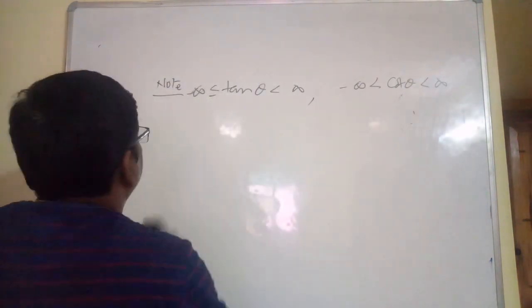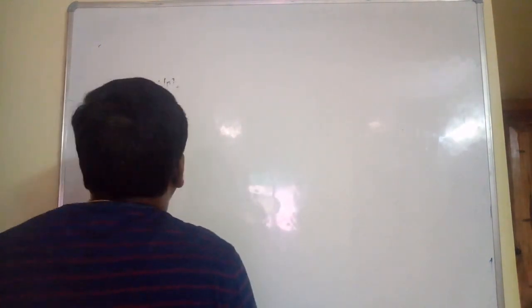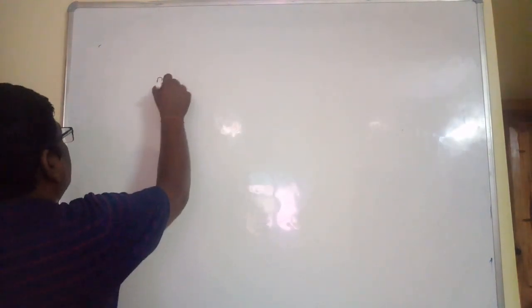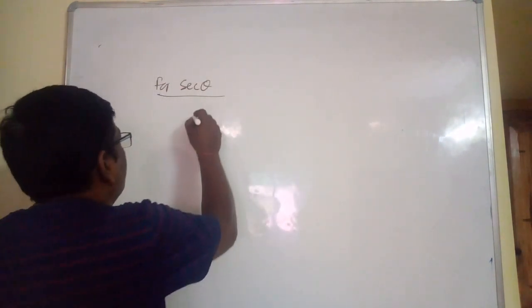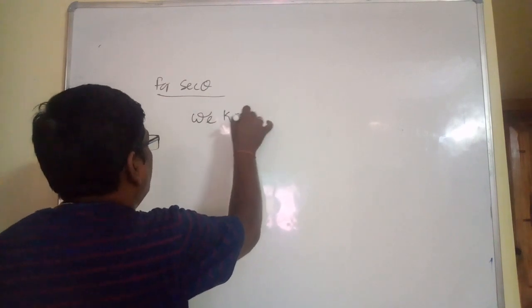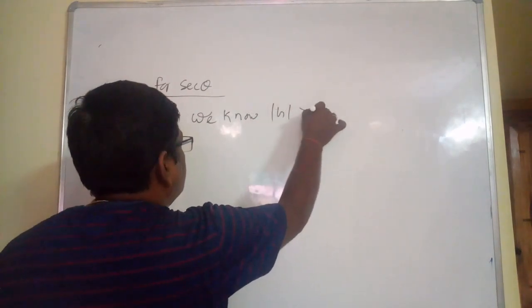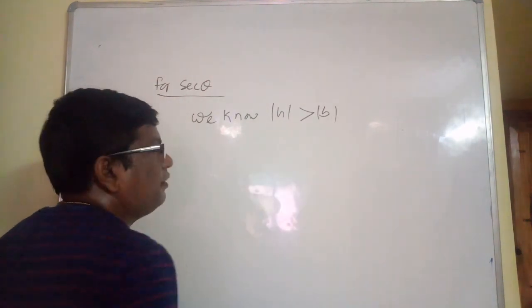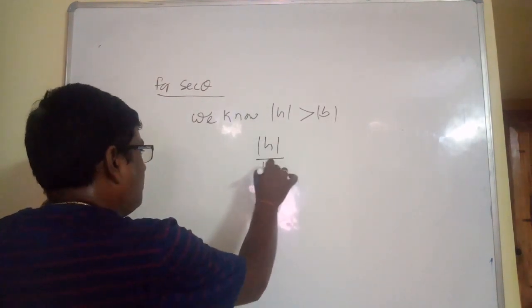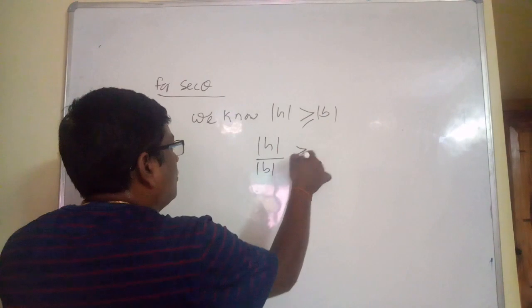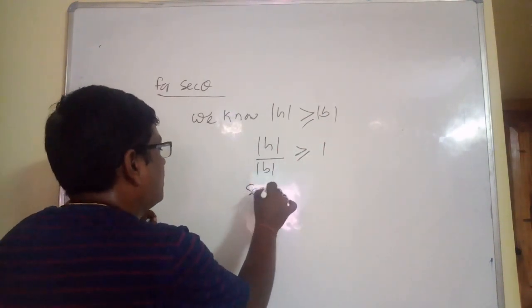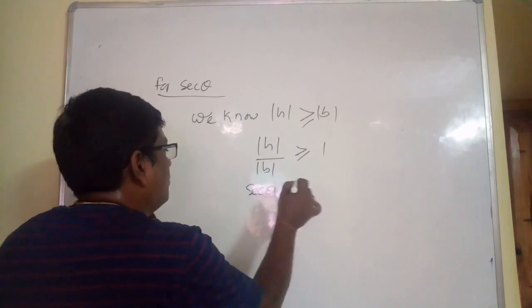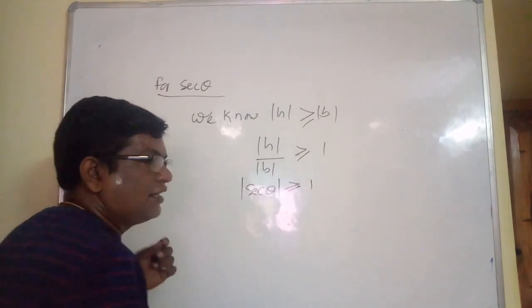Again, for sec theta, we know mod x by mod b is greater than or equal to 1, that is, mod of sec theta is greater than or equal to 1.